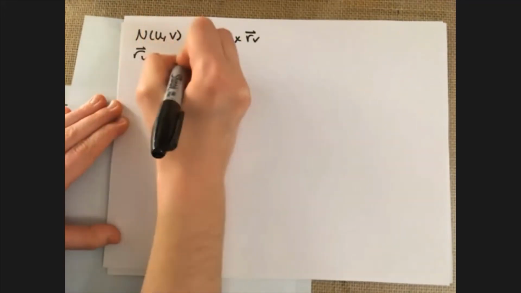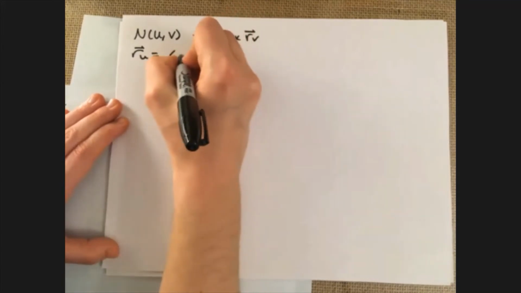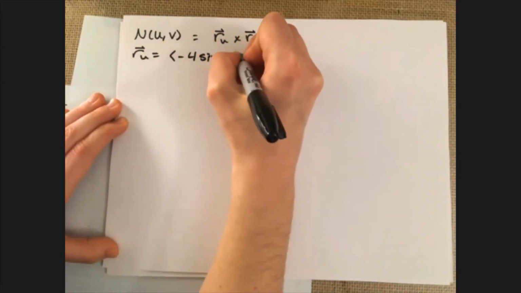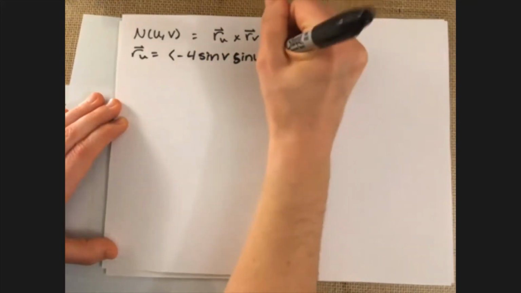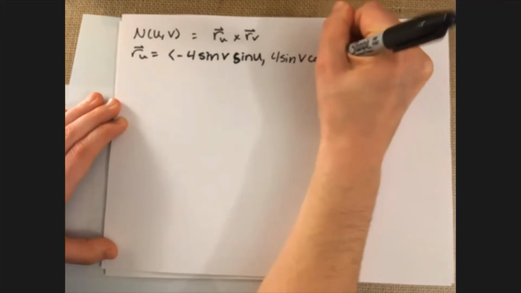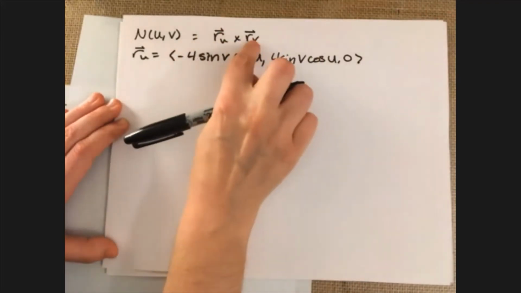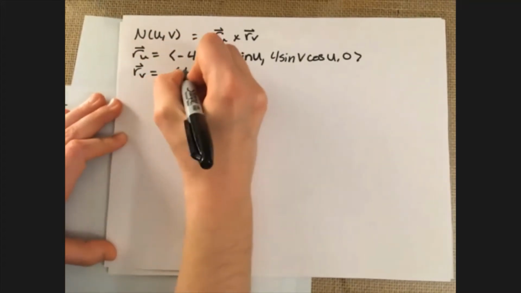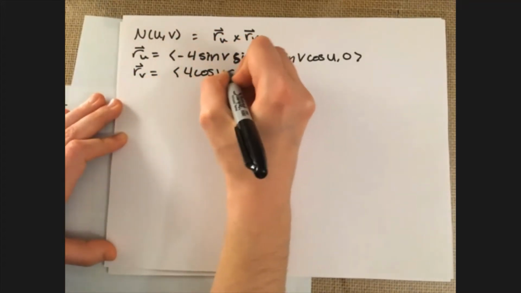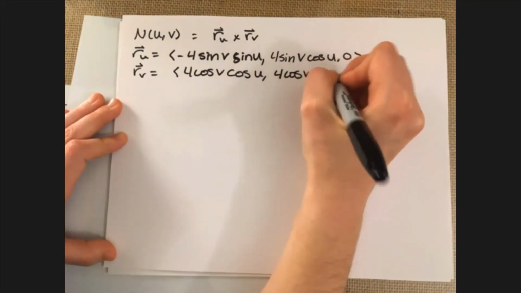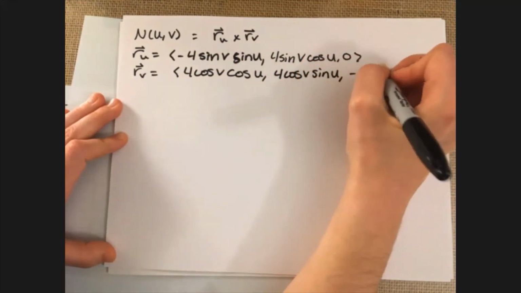This is my partial derivative with respect to u of r, which is -4 sine v sine u, 4 sine v cosine u, and then 0. And then I take partial with respect to v of r as well. And this gives me 4 cosine v cosine u, 4 cosine v sine u, and then -4 sine v.